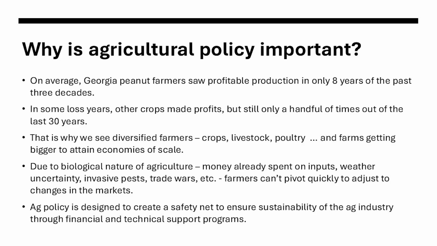Now, in other years, there were some rotational crops, cotton or corn, where in the lost years for peanuts, we actually saw profits in the rotational crops. And so that's why we see farms diversified in terms of their production. We see farms in Georgia not just planting peanuts, obviously being mindful of crop rotation, but they're planting cotton, corn, they have livestock, poultry, and that's again spreading that risk out and helping them stay in business for the long run.